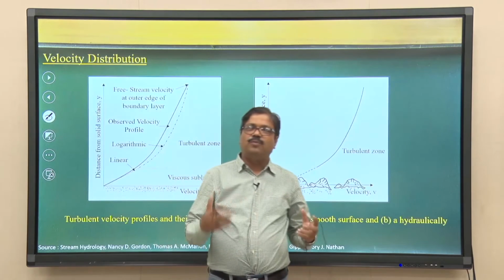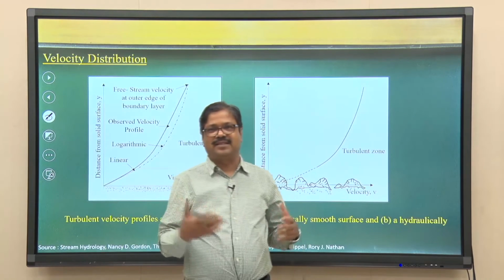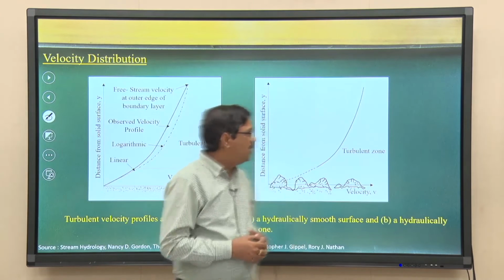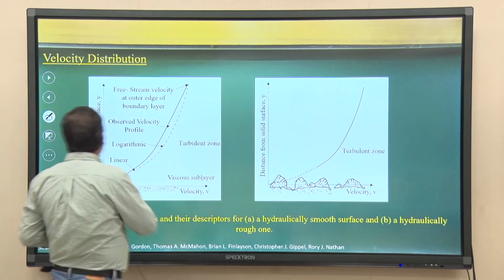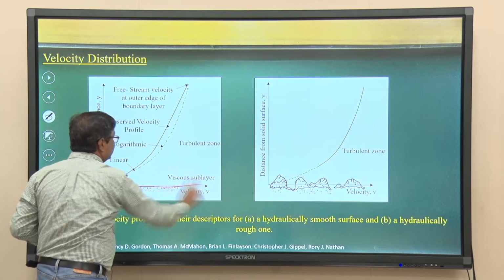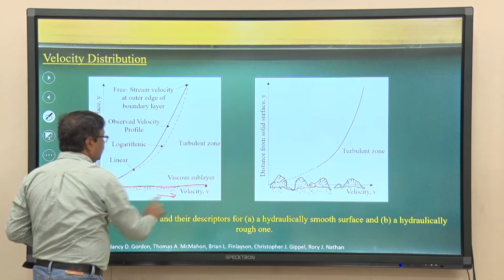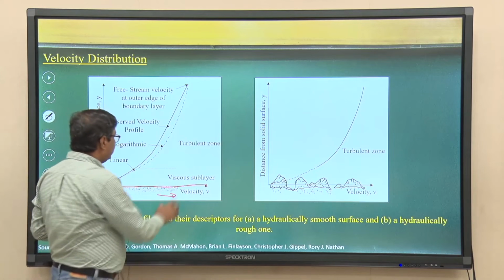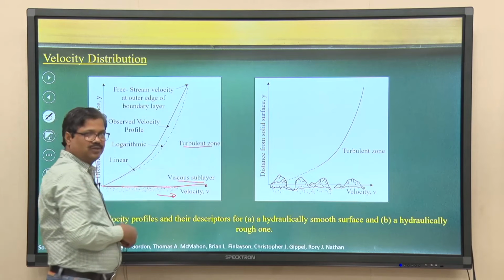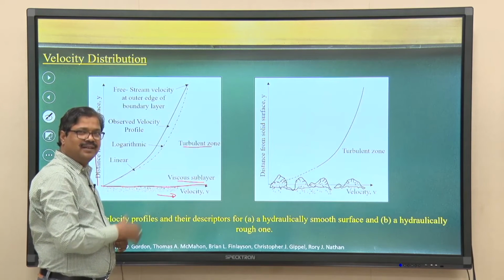Now, let us talk about velocity distributions. As we discussed, they follow the logarithmic distribution. If I plot the distance from the bed, this is the bed, and this is the velocity, I will have a viscous or laminar sublayer, and then the turbulence zone. That is what we discussed at the very beginning.